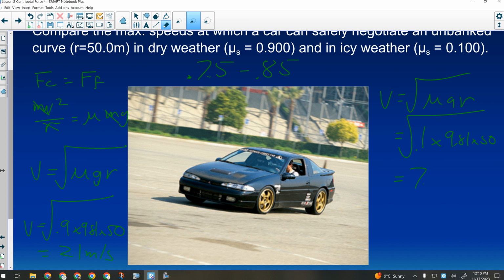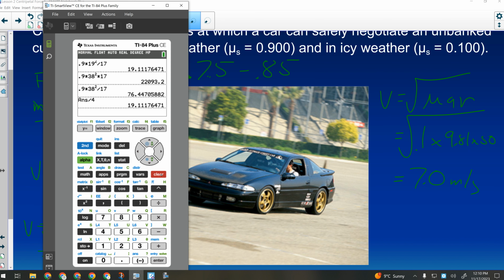If I do that, it's going to be 7.0. Now, just so you don't think I'm full of crap, I'll punch it all in here. So 0.9 times 9.81 times 50. 21. And 0.1 times 9.81 times 50. 7. So if I have 1/9 the friction, I must decrease my speed by 3 times.